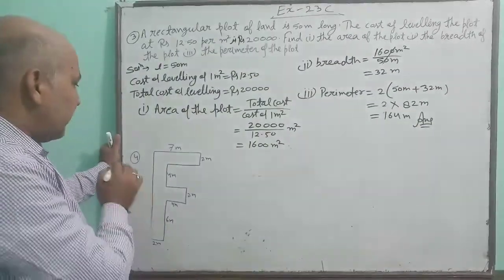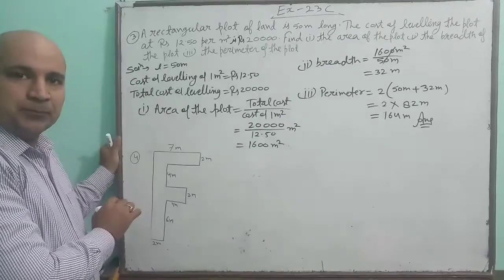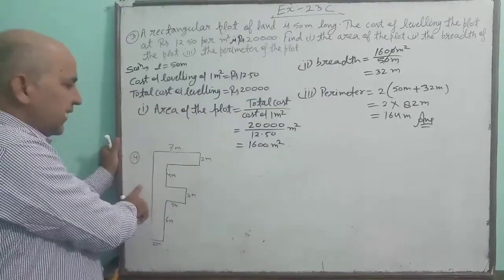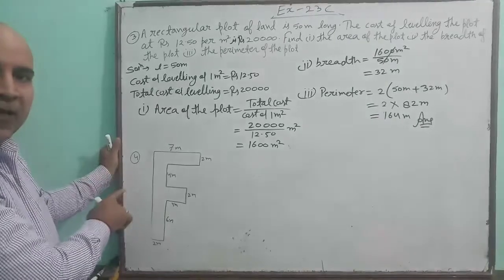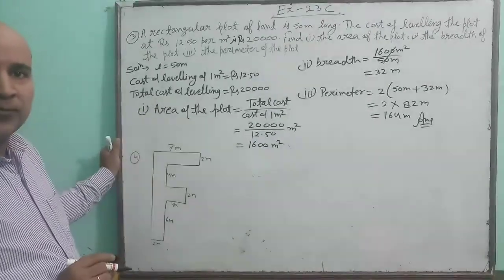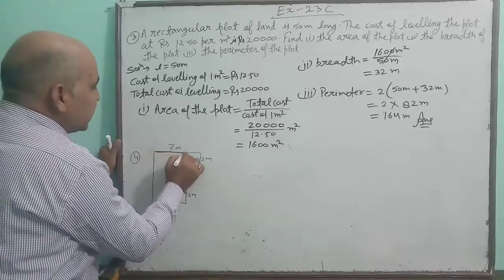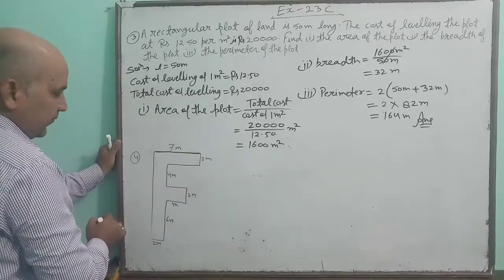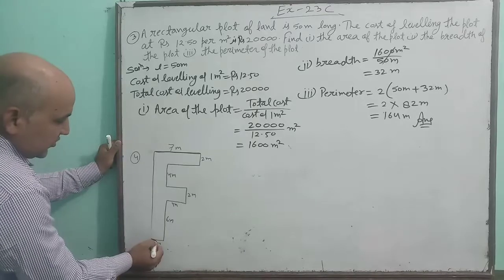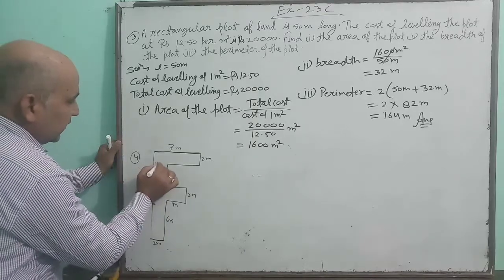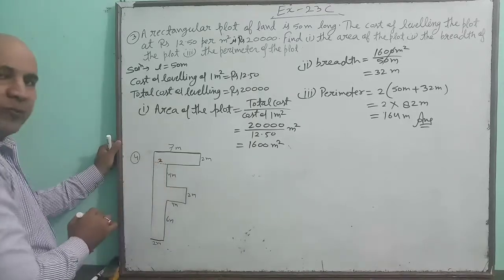Okay. Now see one question related to picture. In this figure, we have to find its perimeter and area both. See how will you find? Length of this portion is given 7 meter. And length of this is 2 meter, means this part is also 2 meter.